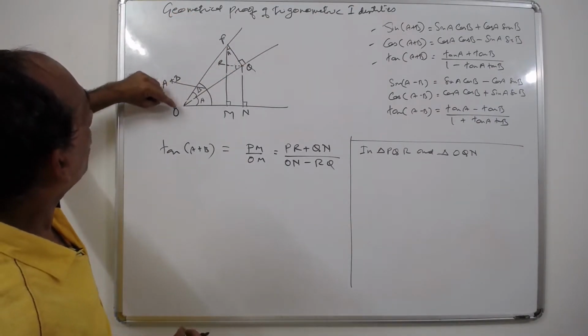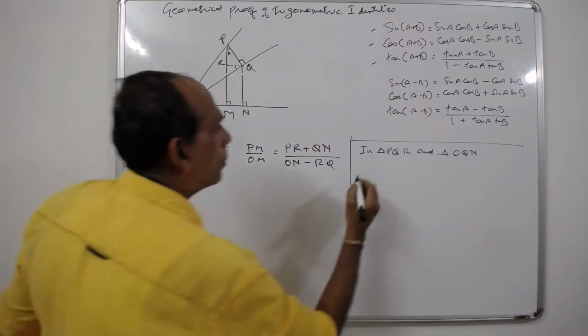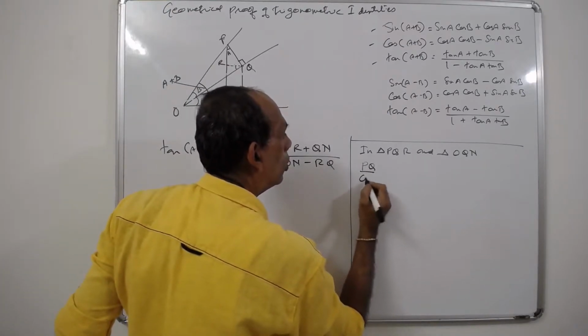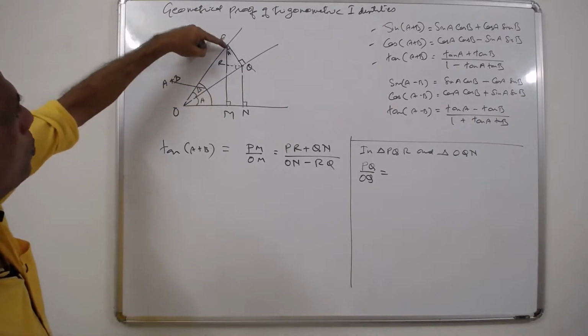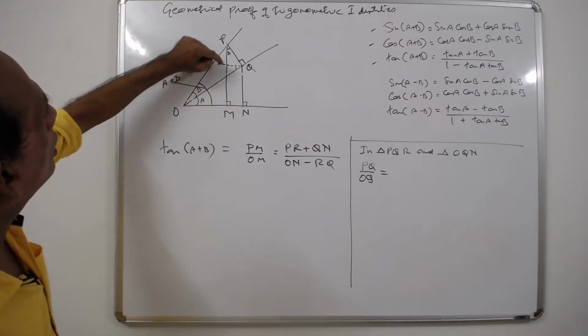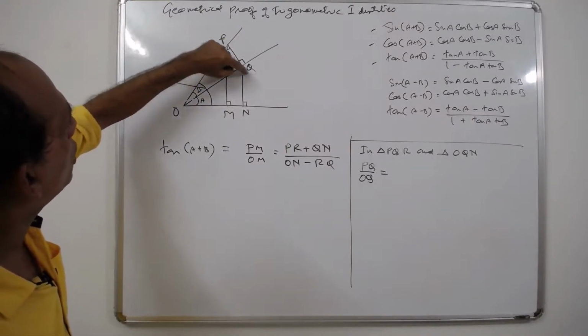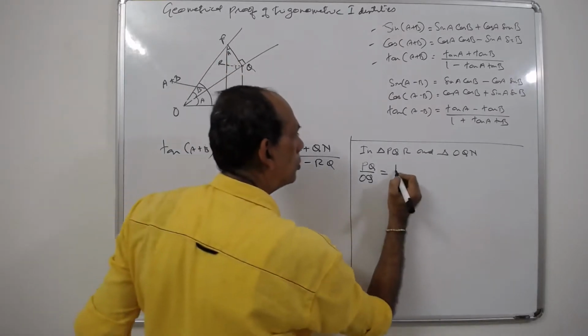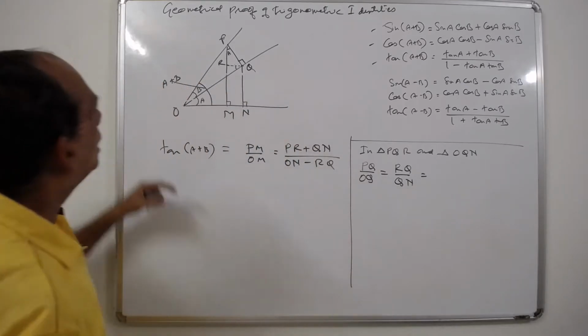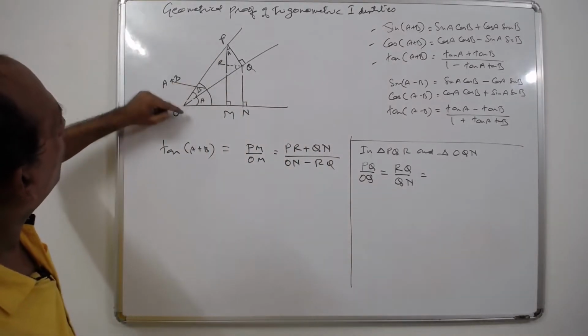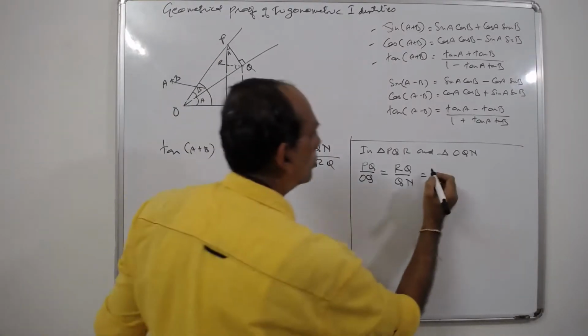So what does it say? First I take the hypotenuse: PQ upon OQ will be equal to the side opposite to A, RQ upon QN, which is also equal to the side adjacent to A, PR upon ON.